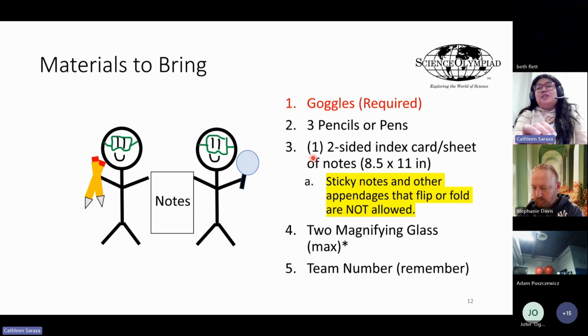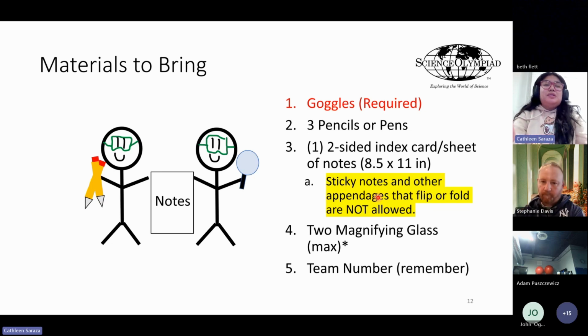Your students are also allowed to bring 1 2-sided index card or sheet of notes. So the maximum size is 8.5 by 11 inches, so like your printer paper. And as a note, this year in the rules, I've tightened what the students can bring in regarding the notes.